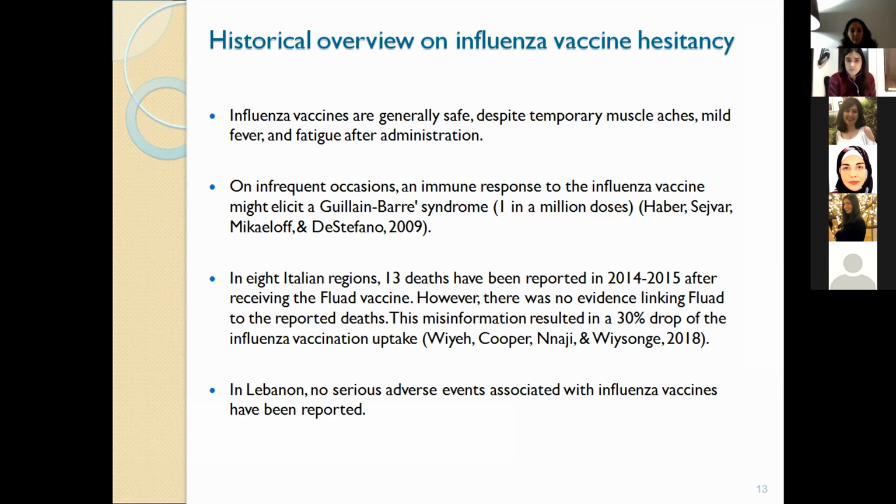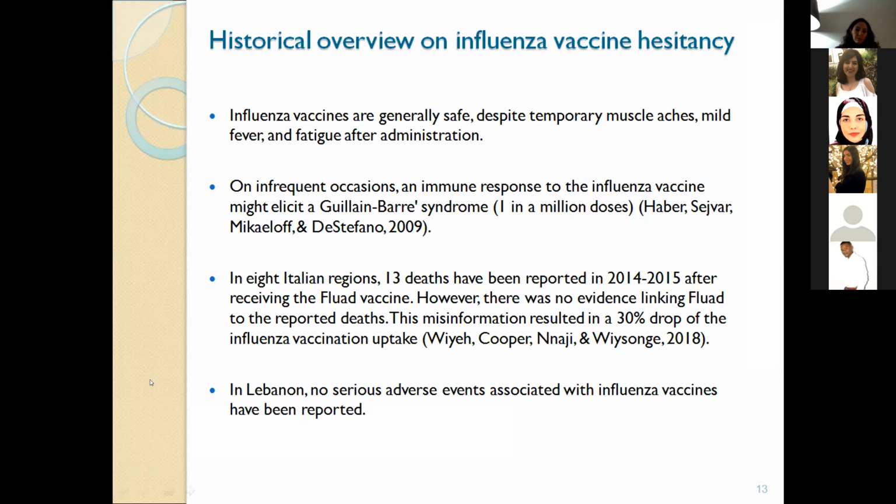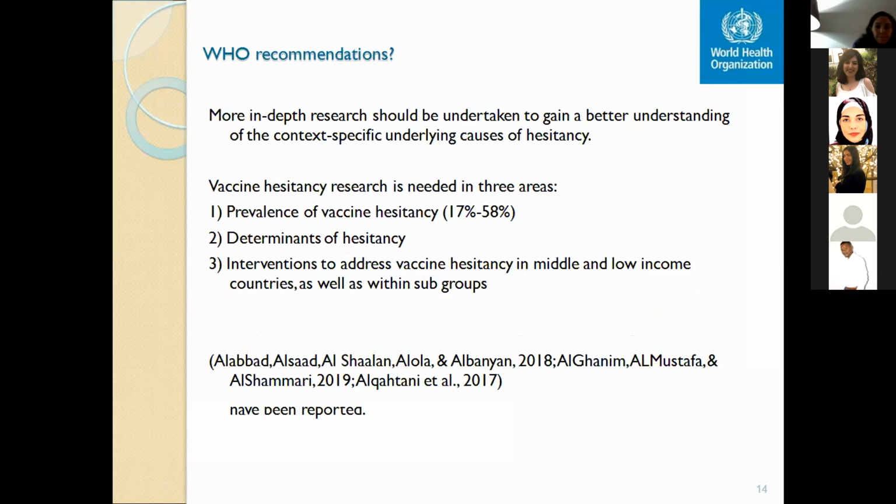But unfortunately, whenever you have these articles, the rate of vaccine hesitancy will increase and the vaccine uptake will decrease. In Lebanon, no serious adverse events were reported regarding influenza vaccines. So WHO recommends what? They recommend more research on this topic. We need to know more about the prevalence of vaccine hesitancy, the determinants of hesitancy, and set interventions accordingly.